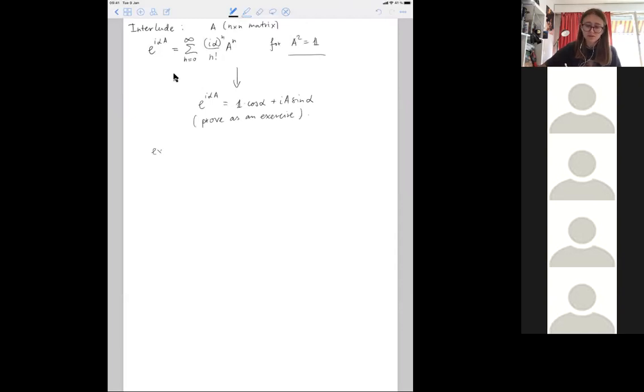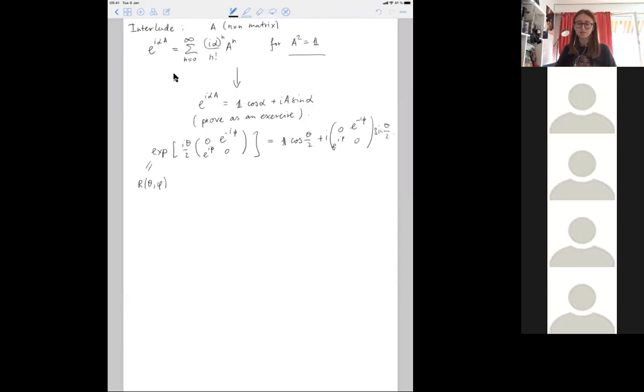And hence, if we have this matrix, we can write it out as this, and this is how you get what R of theta phi looks like.